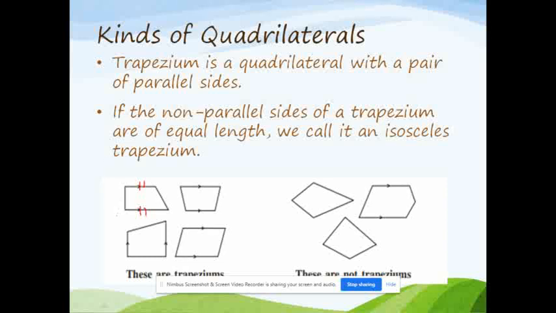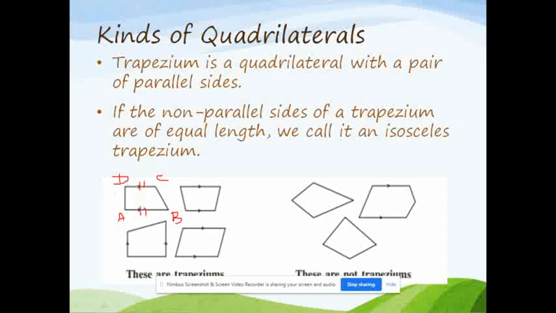Let me give a letter to each of these: A, B, C, and D. So this is a figure. Now AB is parallel to DC.